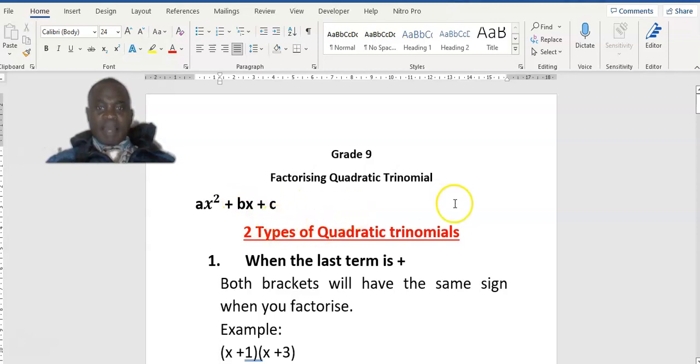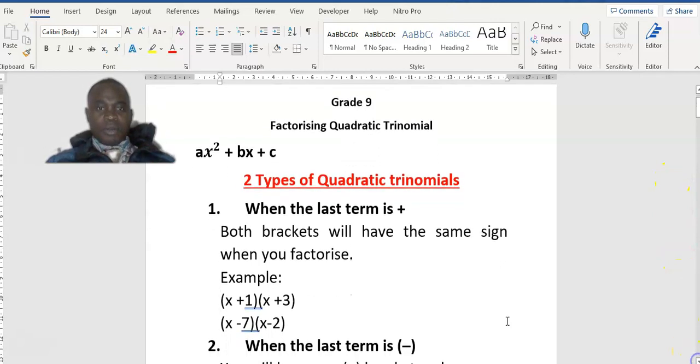We have 2 types of solving or factorizing quadratic trinomials. The first one is when the last term is plus. This is the first term, second term, third term. So if the last term is plus, both brackets will have the same sign when you factorize.